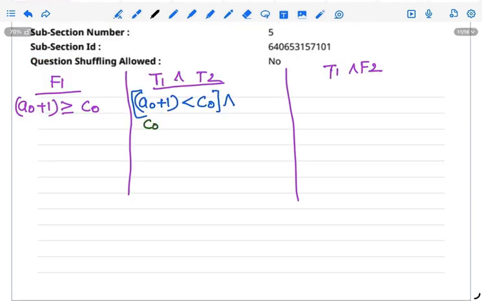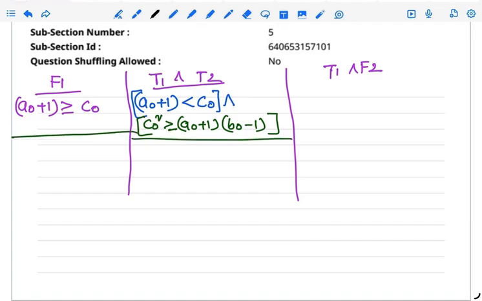C0 square greater than or equal to A0 plus 1 times B0 minus 1. So this is the second instance condition. True, right? So T1, that is A0 plus 1 less than C0, and F2, opposite to T2, B0 minus 1.